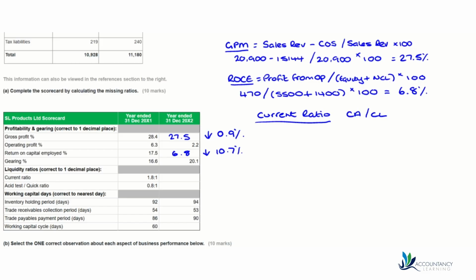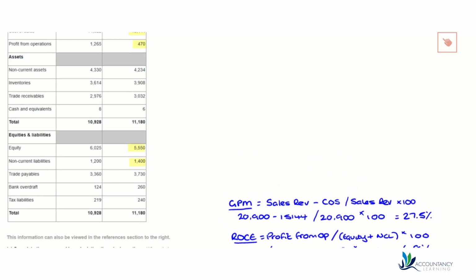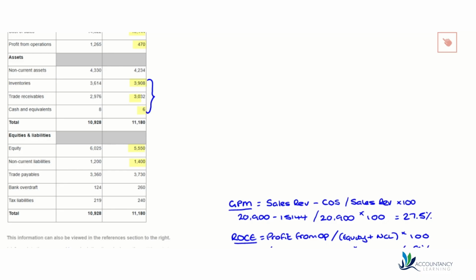Next up is the current ratio, and this is a liquidity ratio that measures a company's ability to pay off its short-term liability, which are obligations due within 1 year, with its current assets. Therefore, to calculate this, we're going to take the current assets and simply divide them by the current liabilities. So we have 3 current assets here, which come to the value of 6,946.